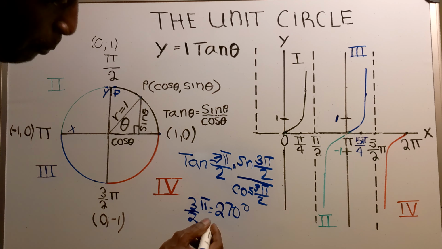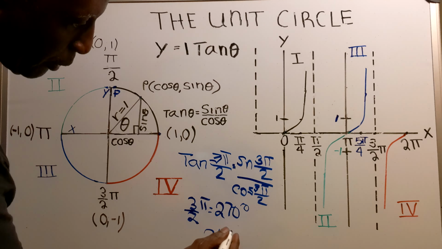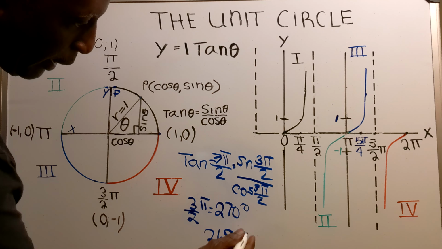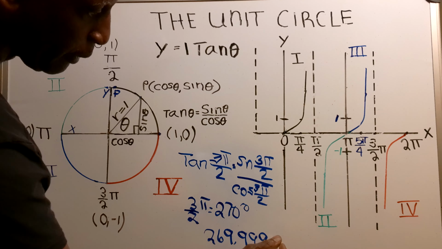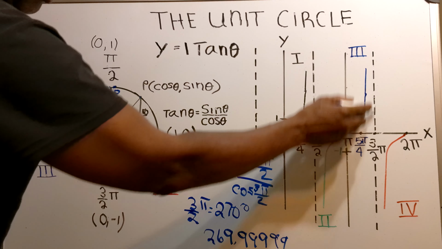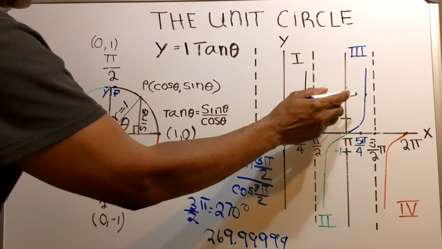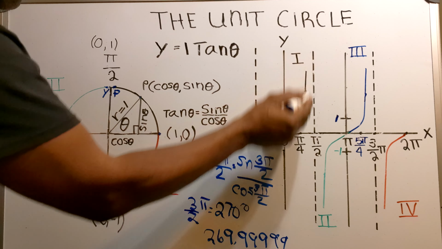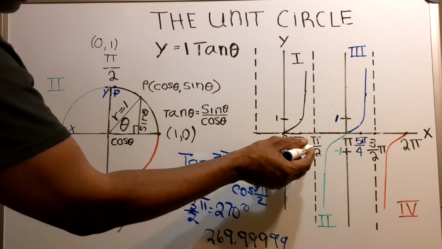But what you can do is go to 269.99999. So you can come as close to this line as you want to be, but you can never really touch it. And you can come as close to this line as you want to be, but you can never really touch it.